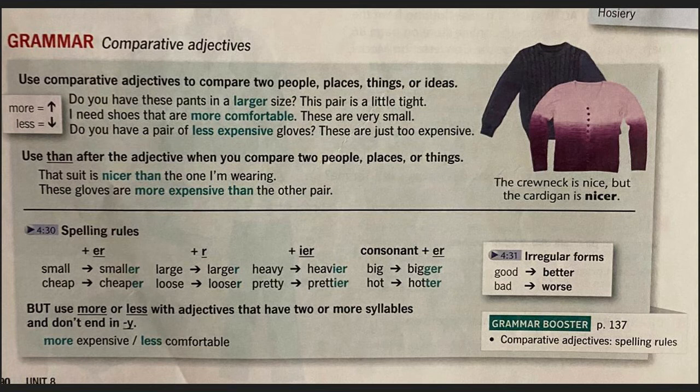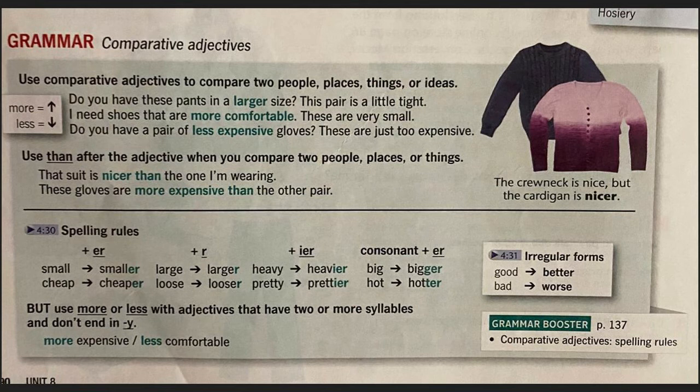adjectives more, right? Now, we have another example here that says, "I need shoes that are more comfortable. These are very small." Or also we can say, "Do you have a pair of less expensive gloves? These are just too expensive," right?